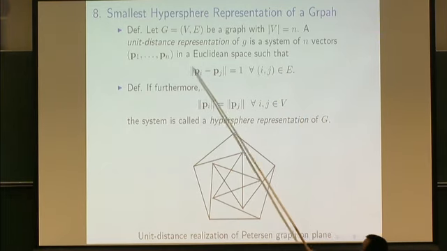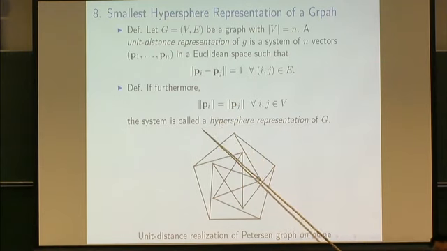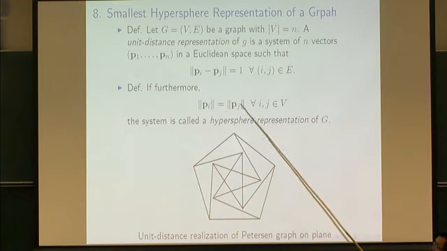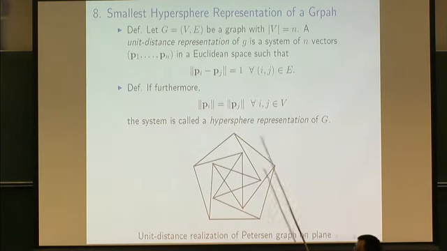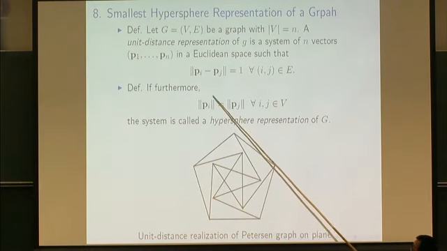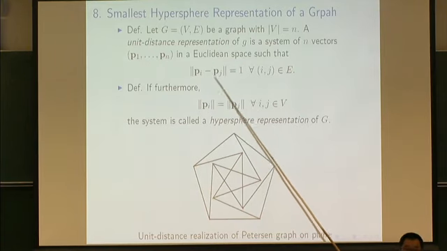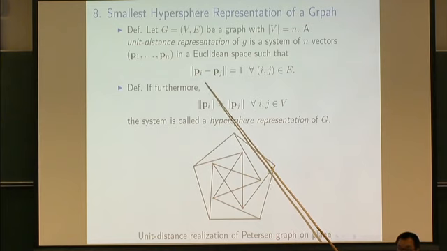This is called a unit distance representation. If the lengths of the points are equal, it is called a hypersphere representation of G. So you would have two types of constraint for such a representation. You place all the points on the sphere, and any two points corresponding to an edge, the distance has to be 1.